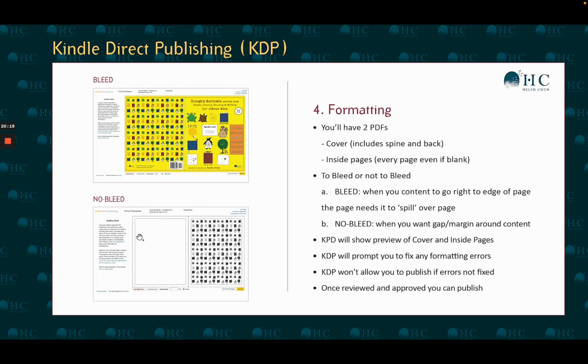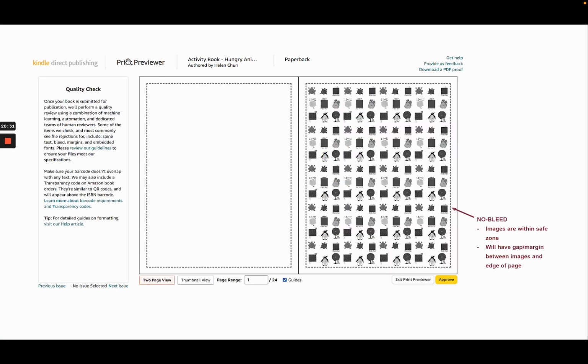Right, so no bleed is what it says, when you want a gap around the edge of your page. See that? That's a gap. Can you see all the images are within that line so that you can have the gap.